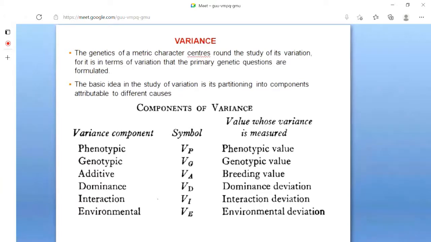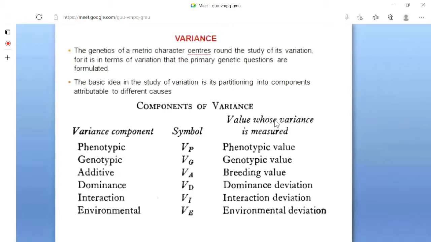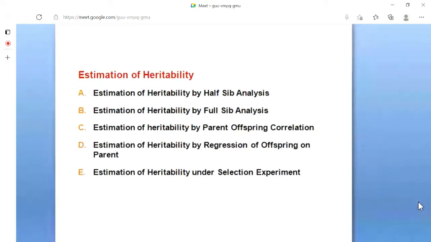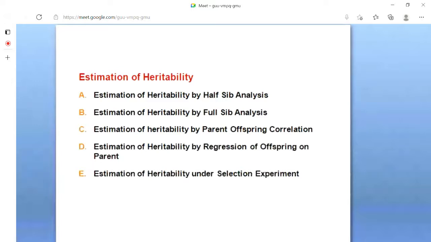Any problem? Sir, the slides are not moving. This is the problem every time. Let me check once. Now it's okay, no?